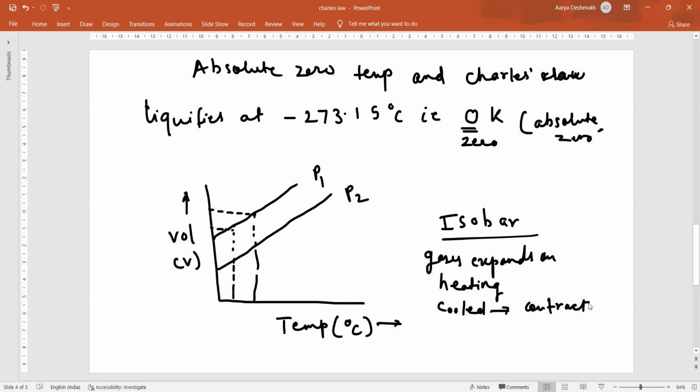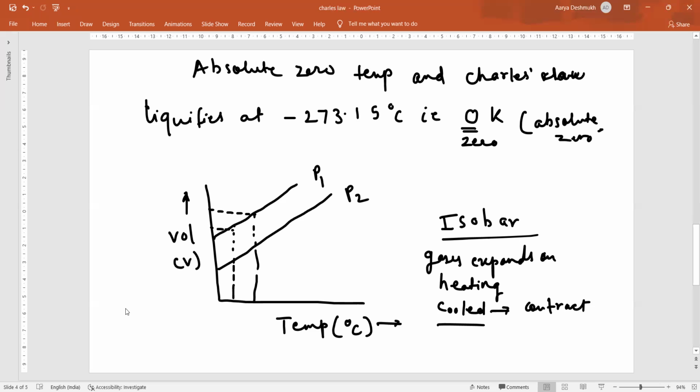That is, hot air is less dense than cold air. If you heat air, it will become less dense than the cold air. For example, a hot air balloon, human lungs, or a pool float in the swimming pool. These are some of the examples of Charles law.